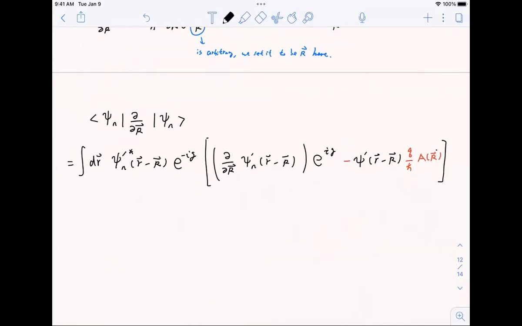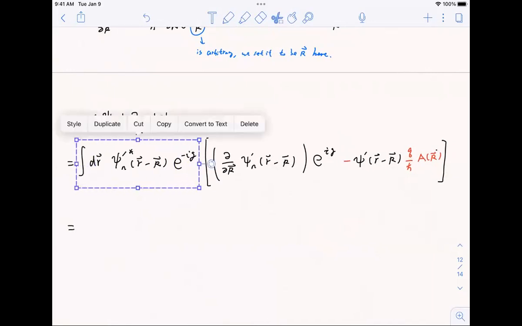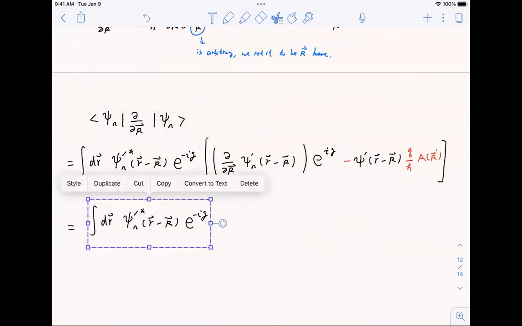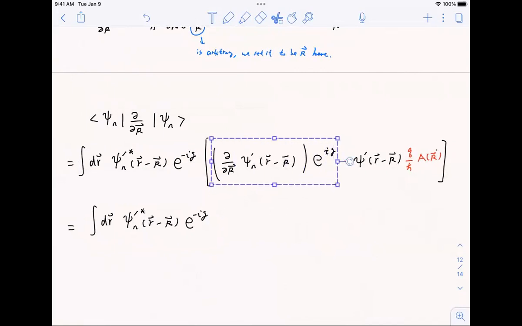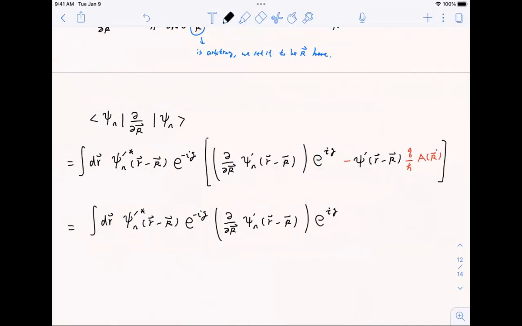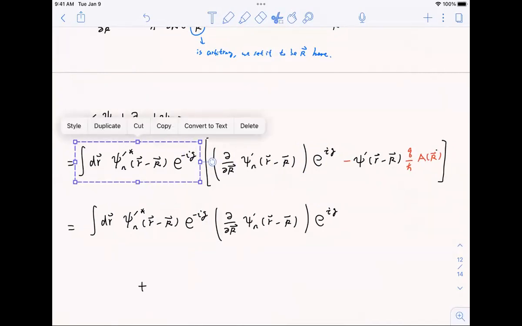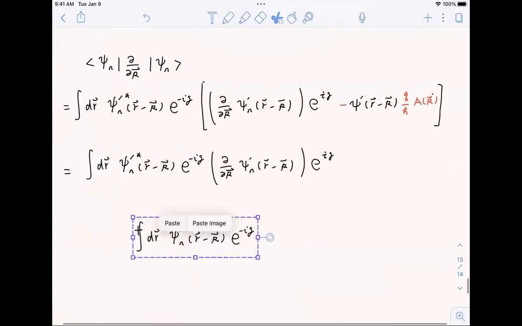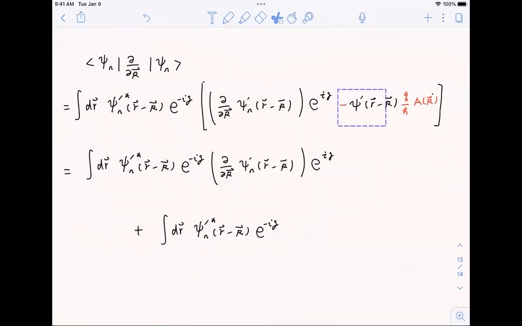Let me see how we're gonna deal with it. So this is the first part. This is the second part. The second part is this.